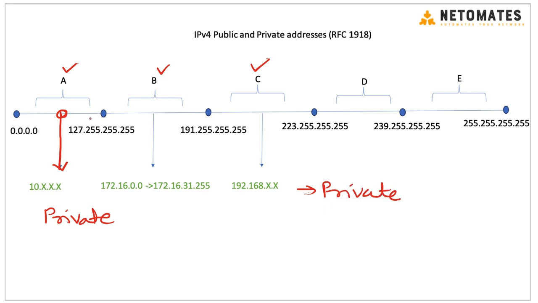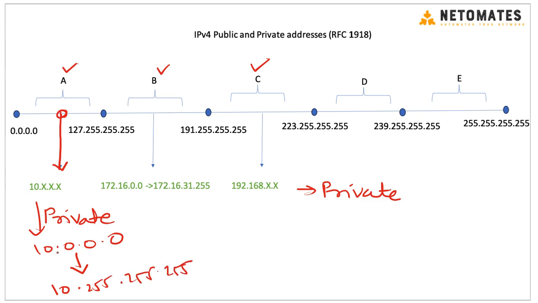For example, the private IP address space in class A is anything that starts with 10, that means 10.0.0.0 all the way to 10.255.255.255.